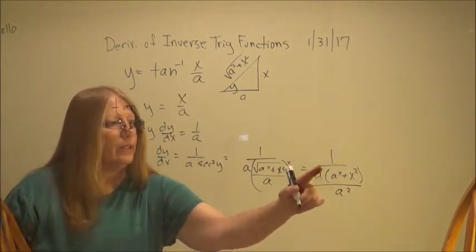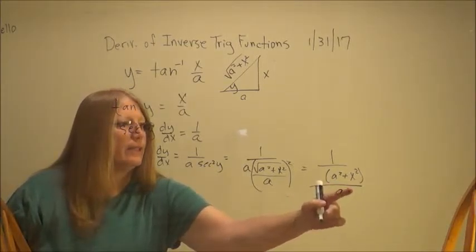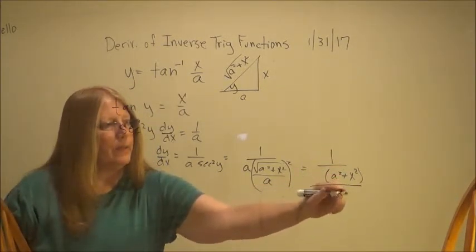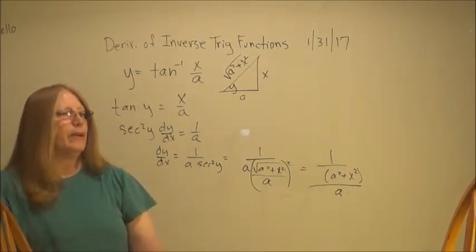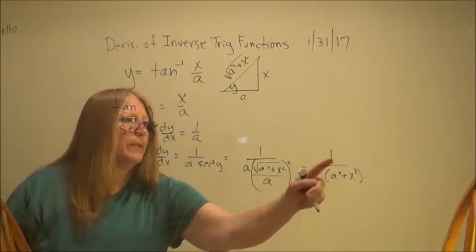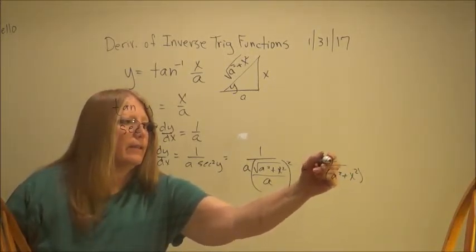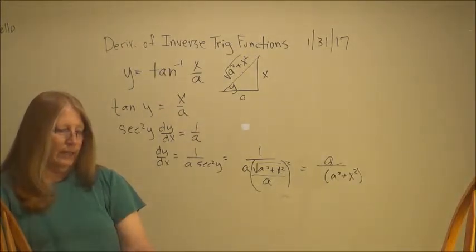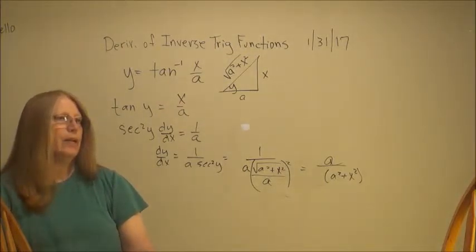So this a will cancel out one of these, and I can multiply the 1 by the reciprocal of this, so the a will just pop up here. That is the answer for dy/dx: a over a squared plus x squared.